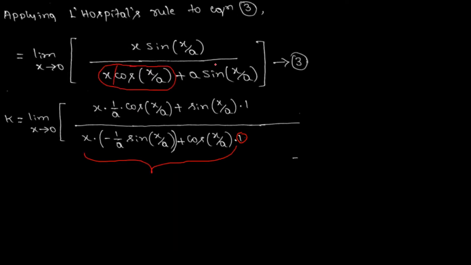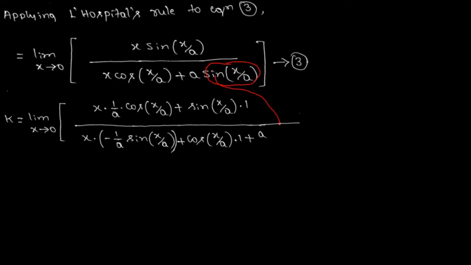But again, we need to differentiate this next term. In this next term, a is a constant, we need to keep as it is. Then differentiation of sine of x by a using the chain rule: differentiation of sine is cos of x by a into differentiation of x by a, which will be 1 by a, which we write in the denominator here.